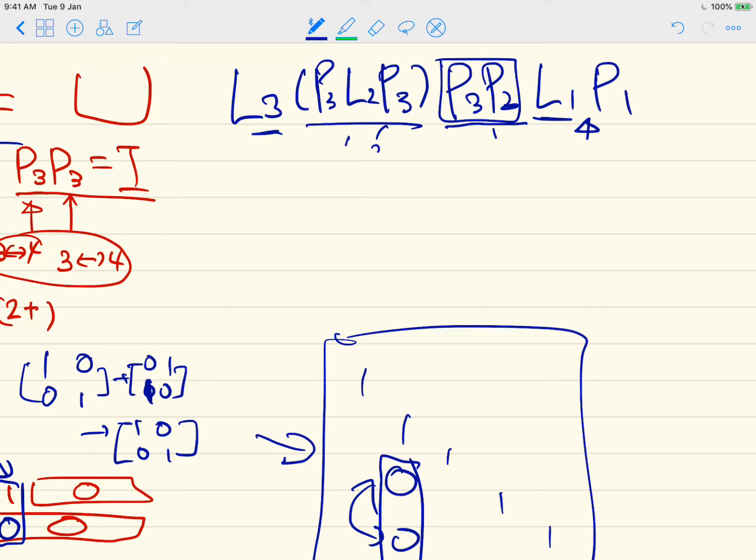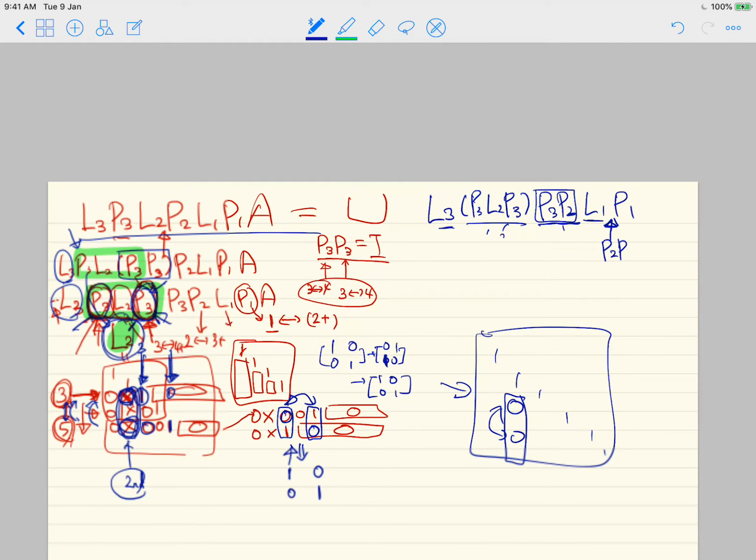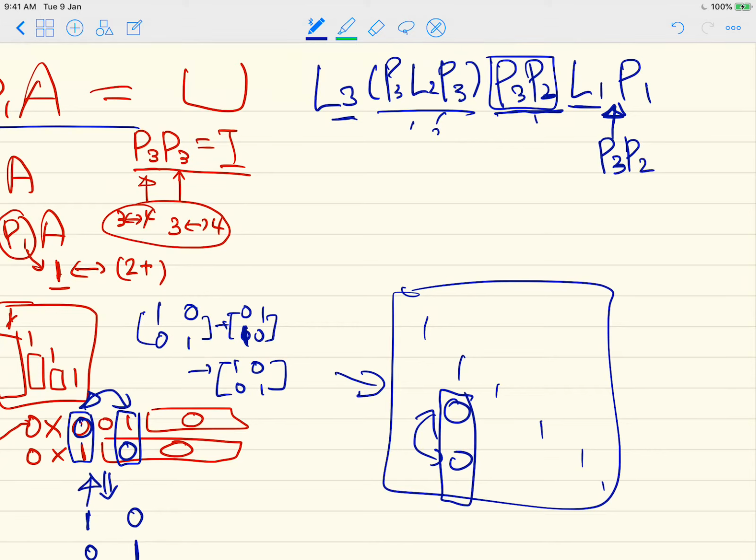So here the trick is, just like we have this L3, L2, and then we move it over here by just introducing P2 and so P3 and P2.